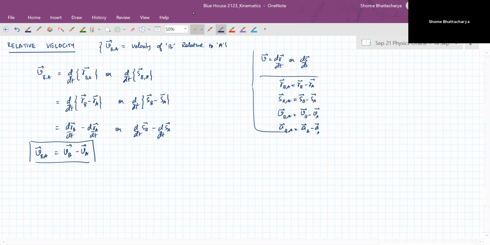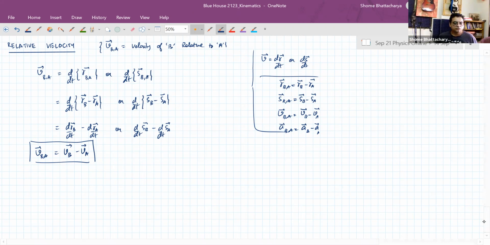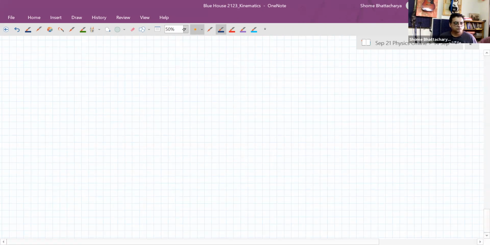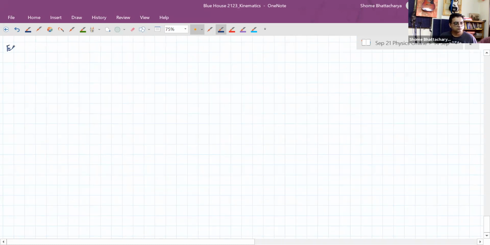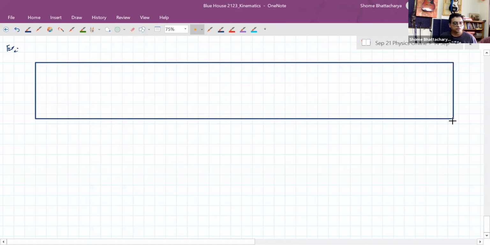Okay, so now let us understand the application of this with a question. Let's say this is the overhead view of a road, a straight expressway kind of road.